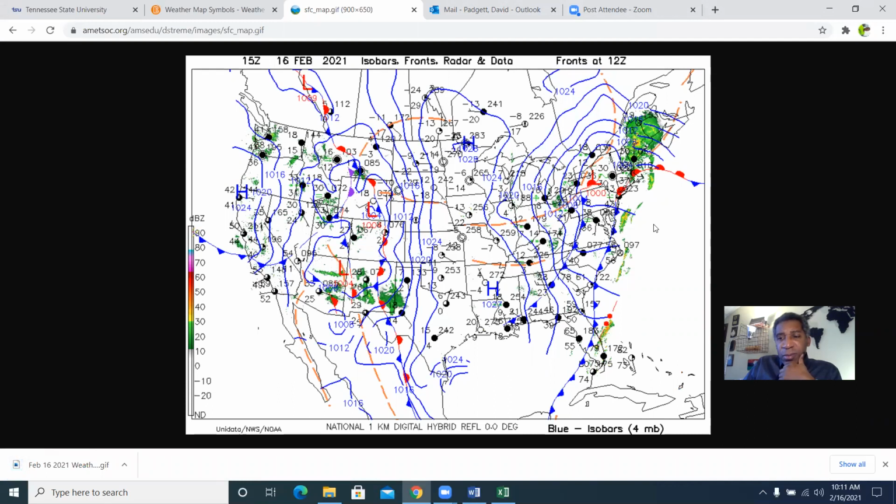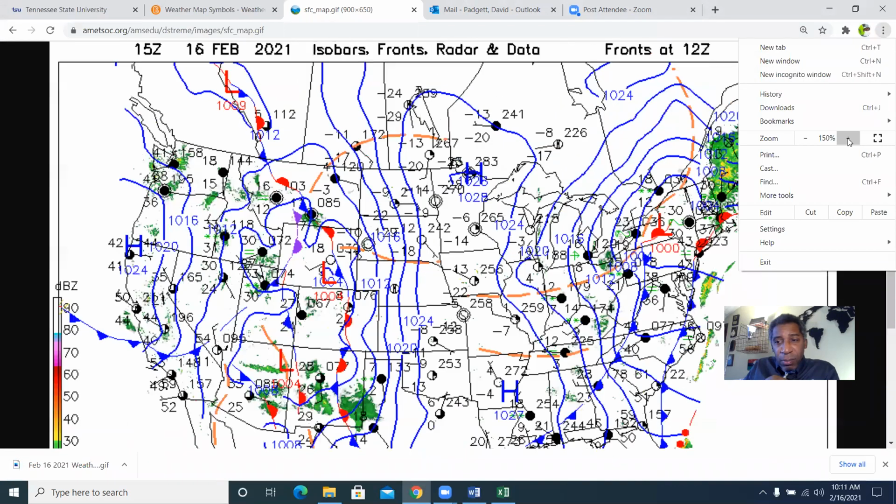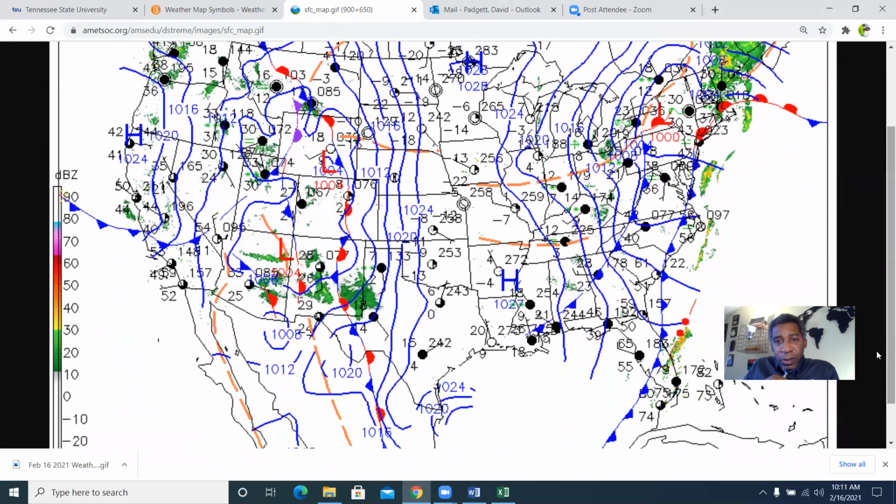Okay, so let's look at what's going on here. Again, let's focus on Nashville. Let me see if I can zoom in. That's much better. Here we have Nashville, and right now it's 12 degrees Fahrenheit, and the dew point temperature is 3 degrees Fahrenheit.